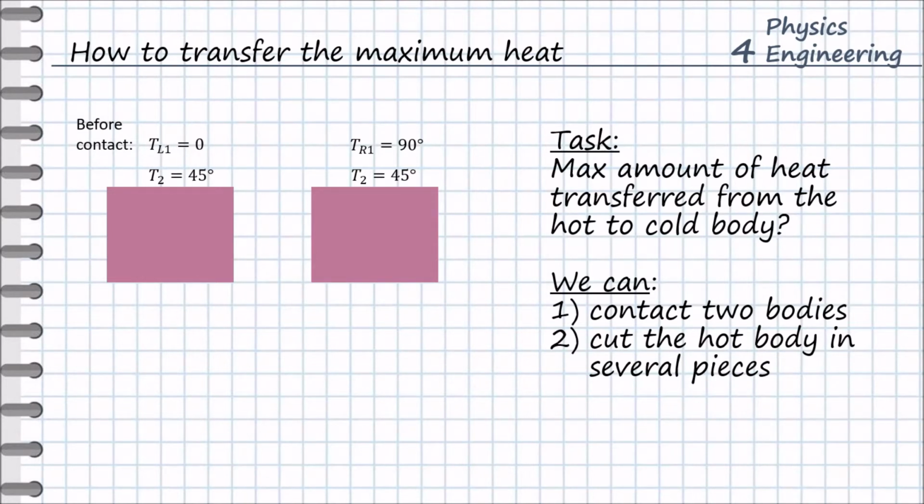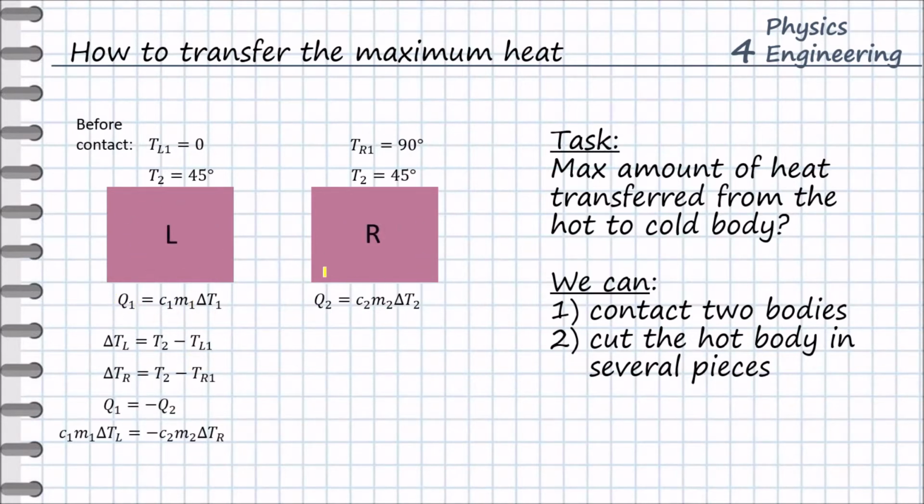But this is our intuitive feeling of how to solve this task. We write the amount of heat which is transferred from the hot body to the cold body, this is Q2, and the amount of heat which was taken by the cold body, this is Q1. Let us say this is the left body and this is the right, because the indices 1 and 2 we need for the temperature before and after the contact.